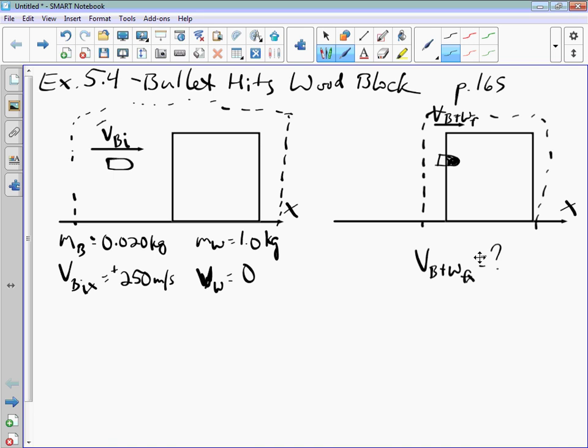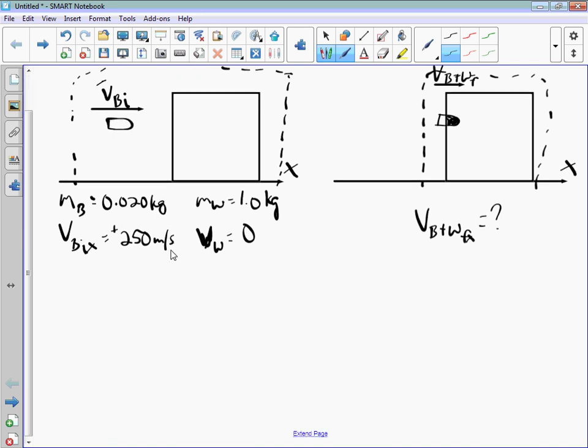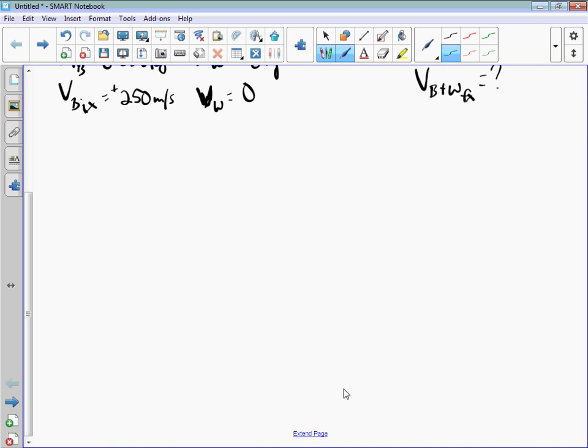To help us understand this, we can draw one of those impulse momentum bar charts. I'm going to scroll down. I'm going to write our situational stuff. We've got the momentum of our bullet initially in the X direction.